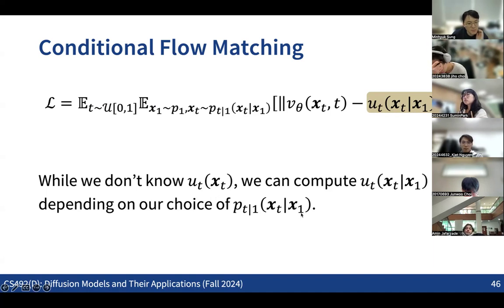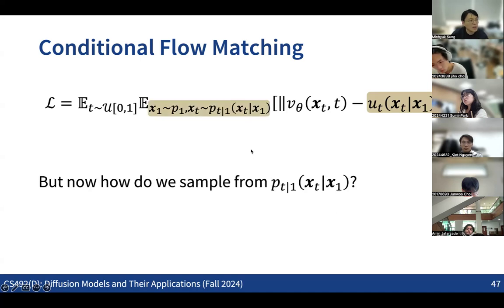Make sense? And here, one more thing is how we can sample from this. This is the expected value over samples of x1. Basically, x1 is given, some kind of data point, right? And given x1, we also need to sample x_t as well. So how can you sample from this?